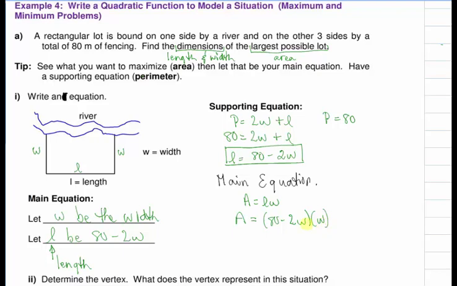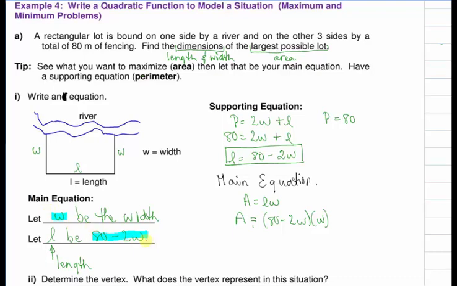When you write this equation, whatever's on the right-hand side of the equal sign should have only one variable. You shouldn't represent it using two variables, okay? So what's important is that you have expressed the length using w as your variable.